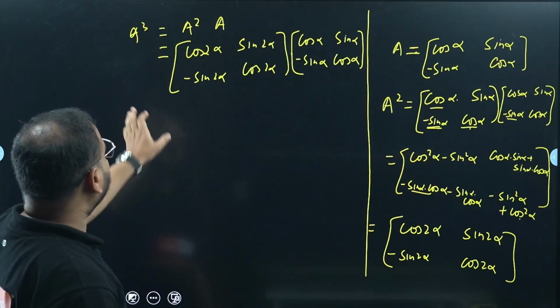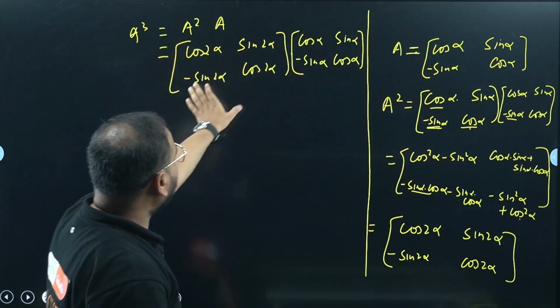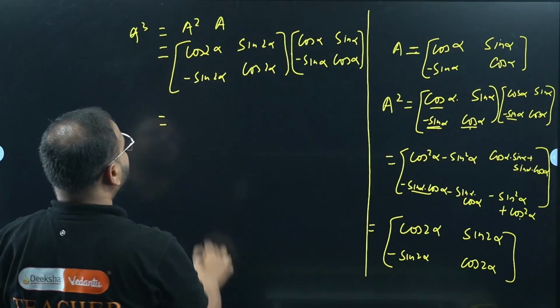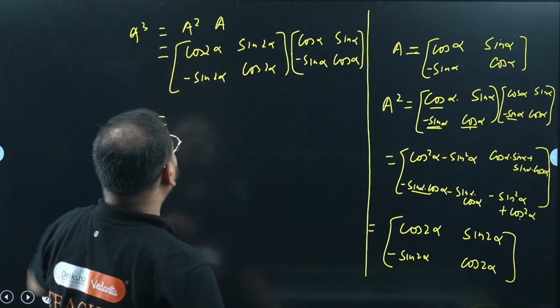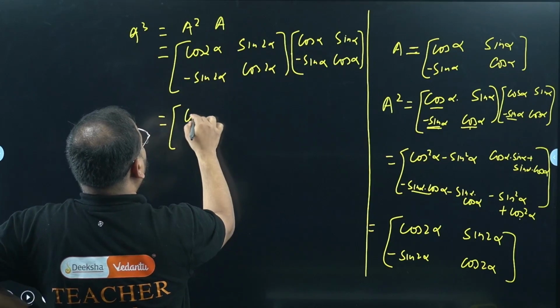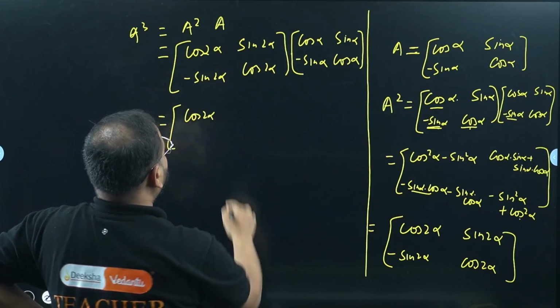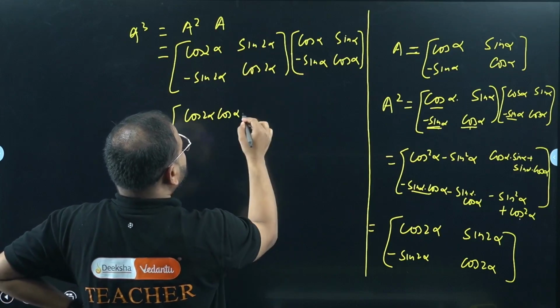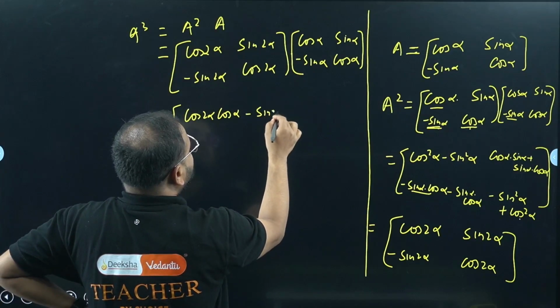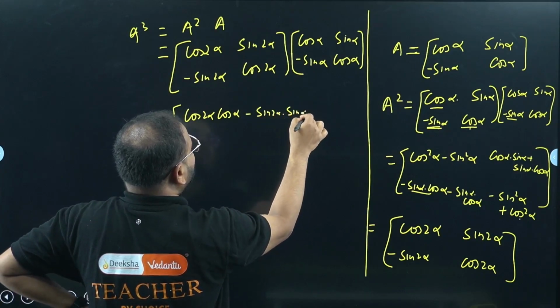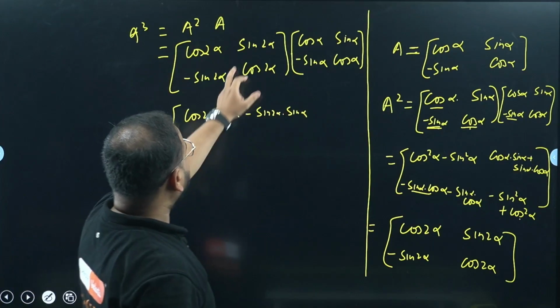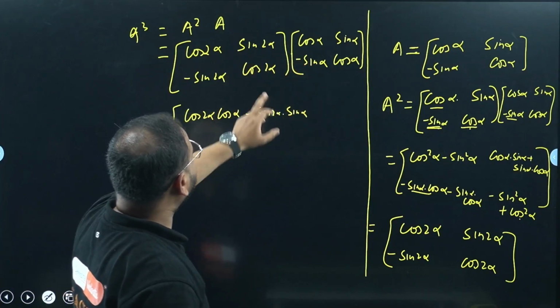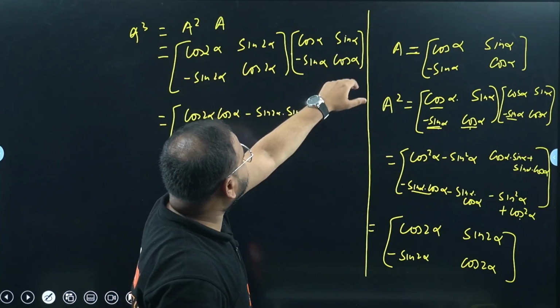Now the last part we are doing is the multiplication of this and this. How will it look? Check here. This cos 2 alpha with cos alpha we will do first, so cos 2 alpha cos alpha, then minus sin 2 alpha sin alpha, because this is positive, this is negative. Next is the same thing with sin and cos.